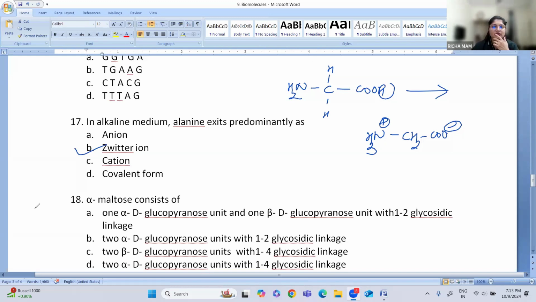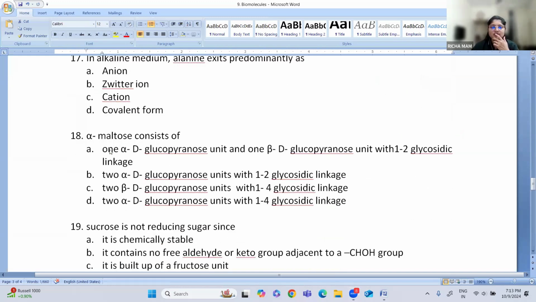Okay. Next question. Alpha maltose consists of. What does the structure of alpha maltose consist of? Yes. So if you see the alpha maltose structure, okay, it is made up of two glucose units, right?